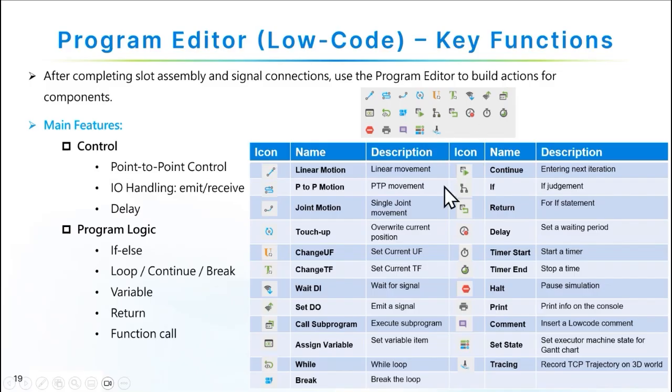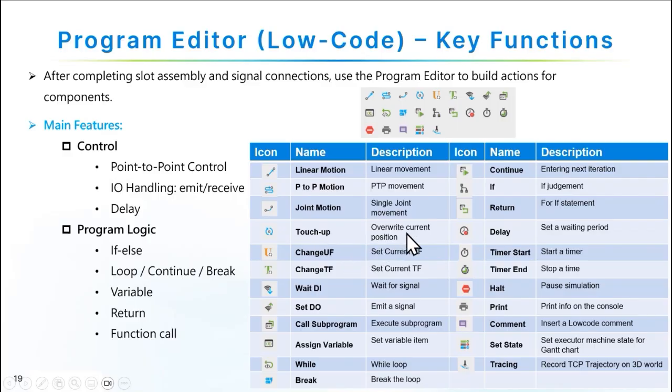Okay, so let me walk through the program editor. We have so many kinds of movement or statements in our DIATwin. As we mentioned, linear motion, P2P, and joint motion, which means we can move a single joint. We can set, like, joint 1 to 90 degrees, and we have touch up.